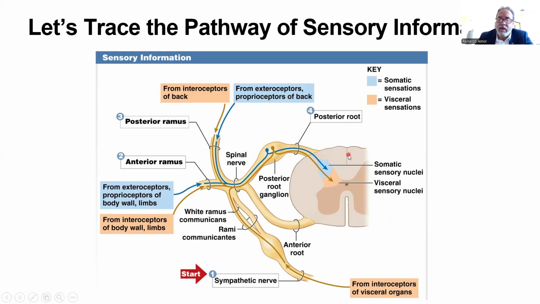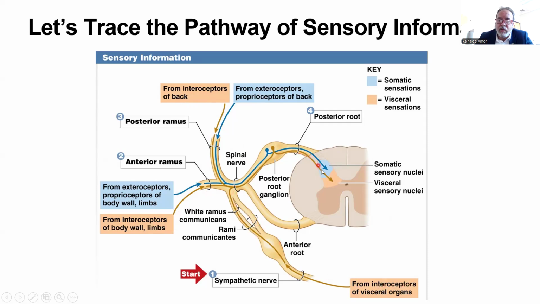Okay, notice that this information that is picked up by exteroceptors and proprioceptors is going to be received by somatic sensory nuclei in the posterior gray horn. We also have information picked up by interoceptors from the back, from the body wall and limbs, and from internal organs, okay?